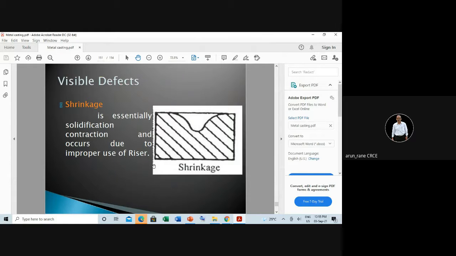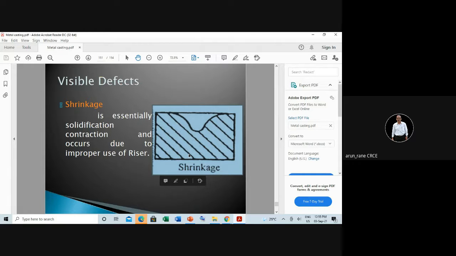Shrinkage is because of improper use of the riser. It is solidification contraction that occurs due to improper use of the riser. Like here now it is shrunk, it is contracted.